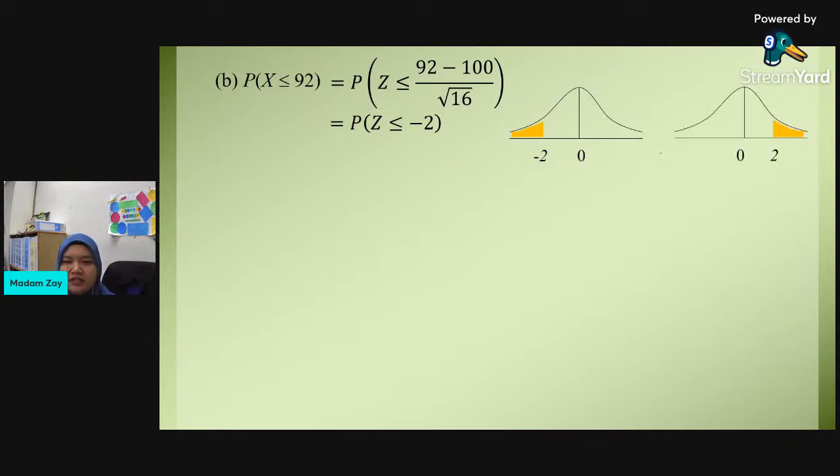Kita reflectkan dia. So this is equivalent to, after reflect, dia akan jadi positif daripada negatif. And then daripada belah kiri, kita akan ambil belah kanan. Okay, so we want to take the probability of Z is more than or equal to 2. Boleh ke? So daripada table, boleh cari tak probability of Z more than or equal to 2?